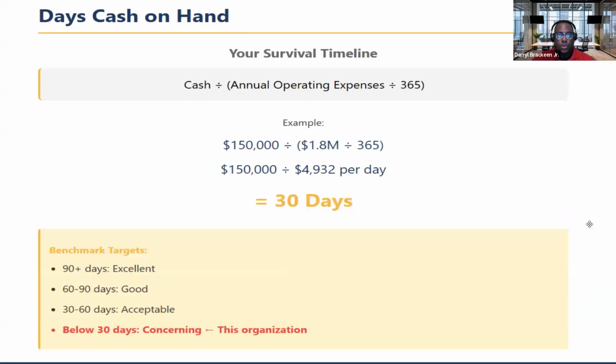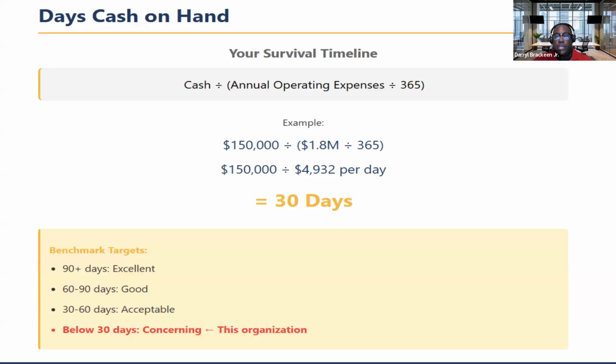Okay, so we move on to days cash on hand. This is how you know how long your business will be able to survive. This is the formula you'll pull out. And again, remember, all of these formulas are in the module, so you don't even have to memorize this, but you'll be able to look really quickly. Okay, let me see how much time I have with the cash on hand that I have. In this example, it's 150,000 divided by, in parentheses, 1.8 million divided by 365 days.